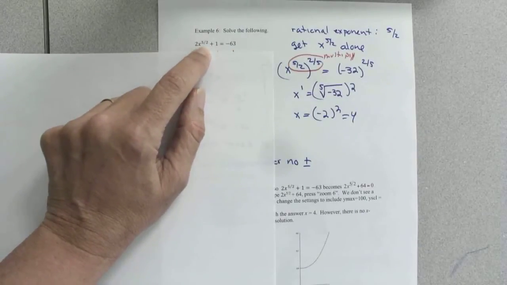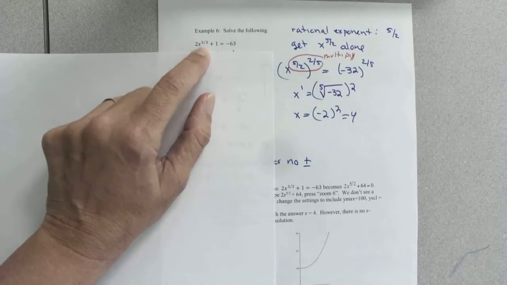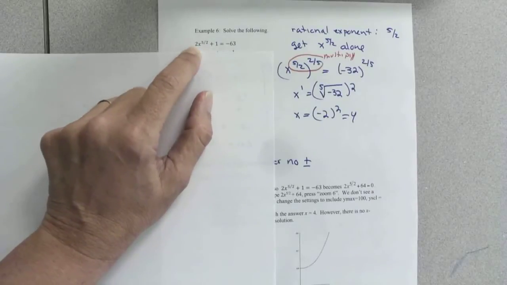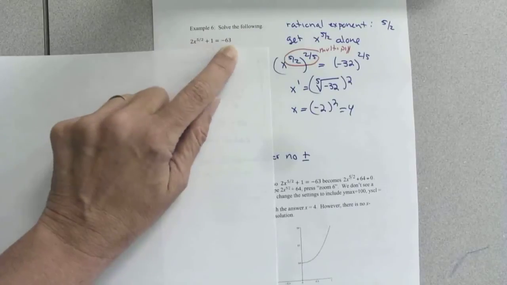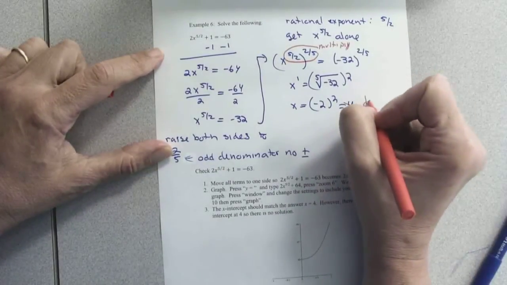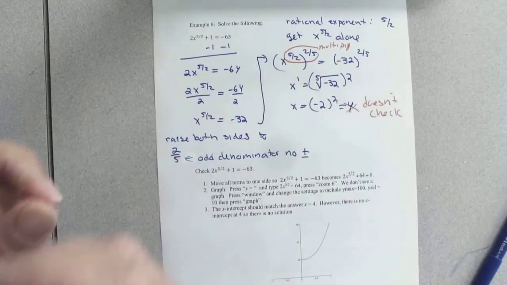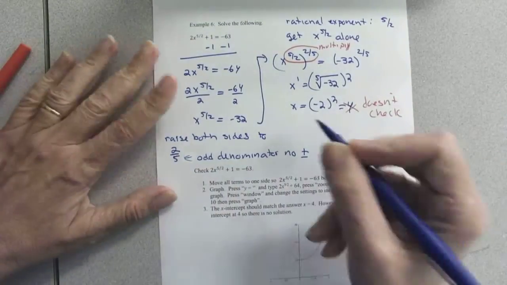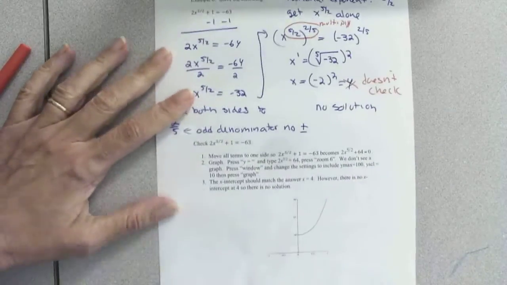4 to the 5/2, that is actually 32, but it's positive. Doesn't matter what the value is right now, it's positive. So that's positive times positive 2 plus 1. Everything on the left is positive. No way it's going to be negative 63. That does not check. And so we only got that one potential answer, and so this has no solution.